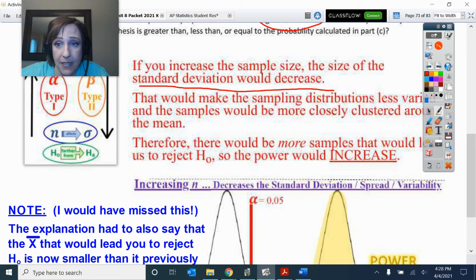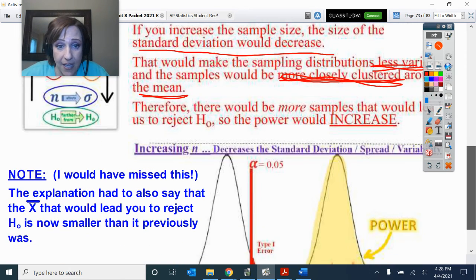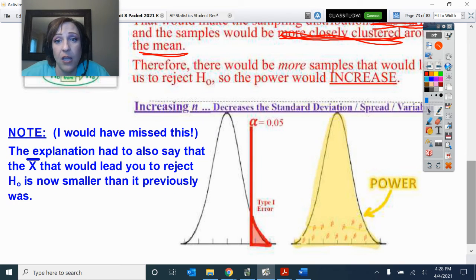That would make the samples less varied and more closely clustered around the mean. So that's important. That was needed to say that. Therefore, more samples would lead us to reject H0, so the power would increase. I would not have gotten full credit for that, even though I have that now.